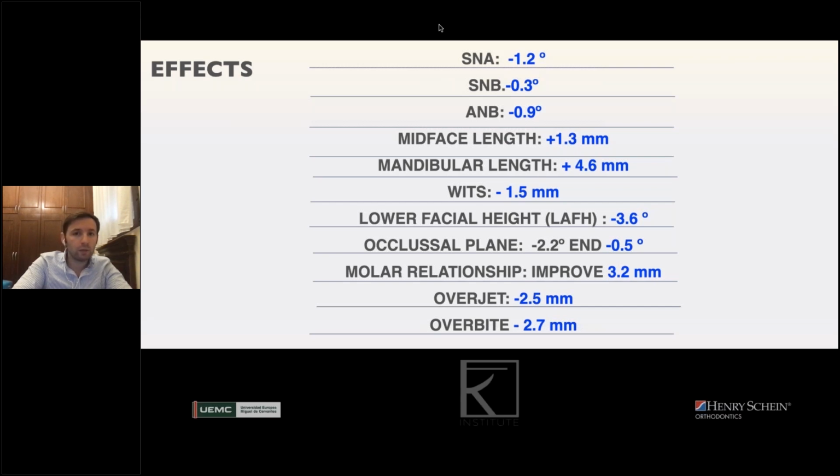It's not only dental. Okay, if we bond a motion in a growing patient, we are going to obtain growth as well. If we put motion in a non-growing patient, we are going to obtain dentoalveolar change, and sometimes a small reposition of the jaw.